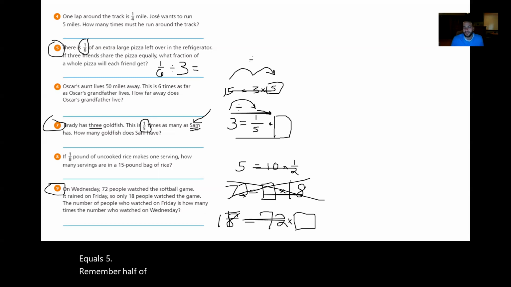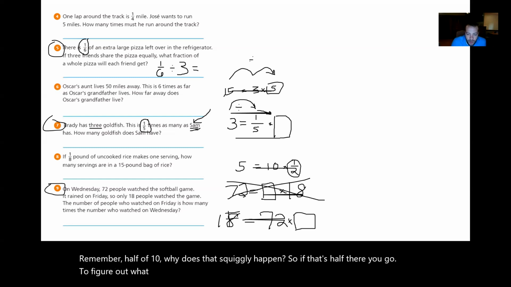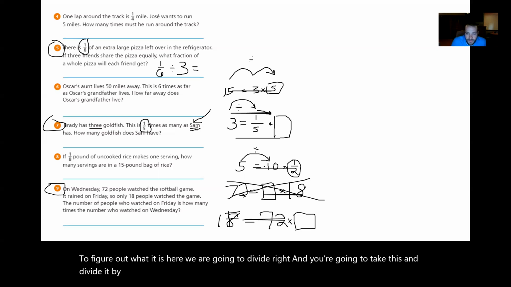Well, remember, half of 10. So if that's half there, to figure out what it is here, we are going to divide, right? You're going to take this and divide it by that, because 5 divided by 10 is 5/10, which is half. So let me just try to not confuse you.